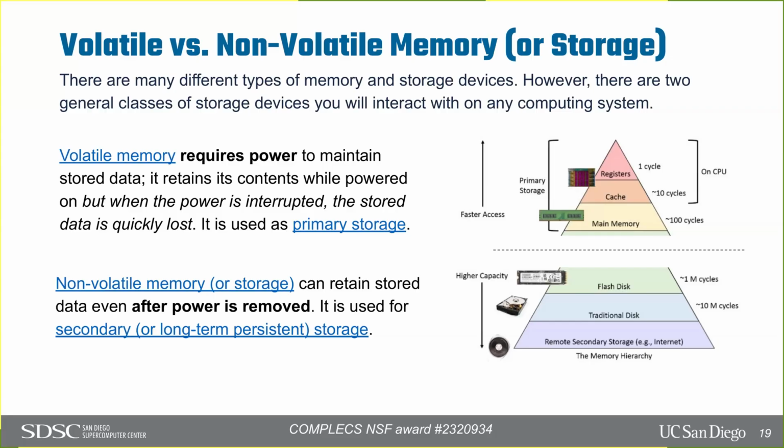This is all of the storage devices that you access on a system that require power to maintain that storage. So if for whatever reason there's a power interruption, the data there will be lost. Primary storage, active storage, whatever you want to call it, is only on and usable while there's power. So that's why it's called volatile.